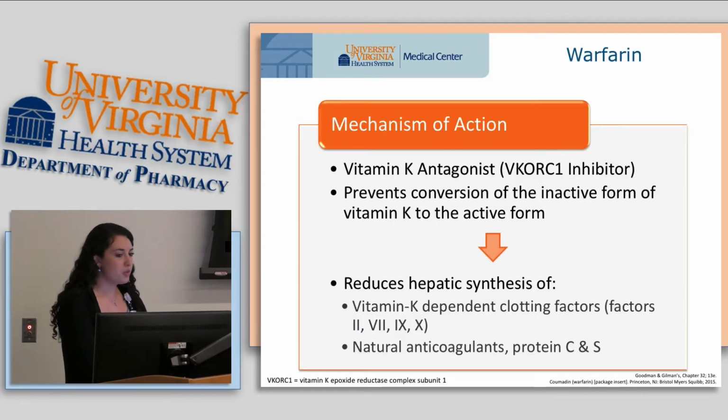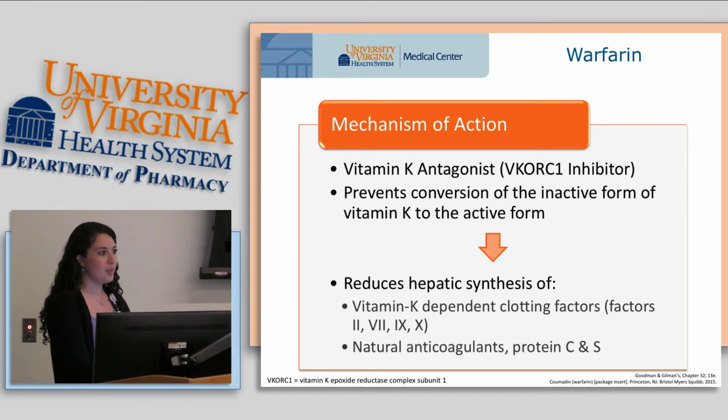So the background of warfarin and the actual way that it works. So it's a vitamin K antagonist, specifically a vitamin K epoxide reductase complex 1 inhibitor. So this pretty much means that, when the body makes clotting factors, it needs vitamin K, and the vitamin K goes from active form to inactive form once it makes these factors, and then the body normally will reactivate the vitamin K into active form so it can continue to make more clotting factors.